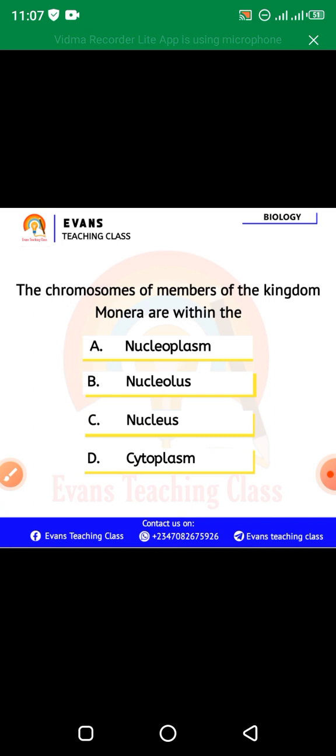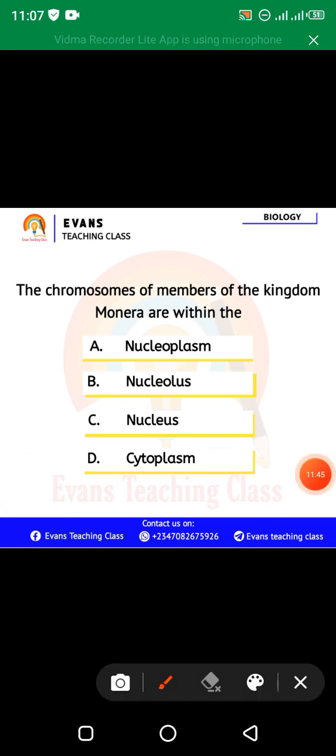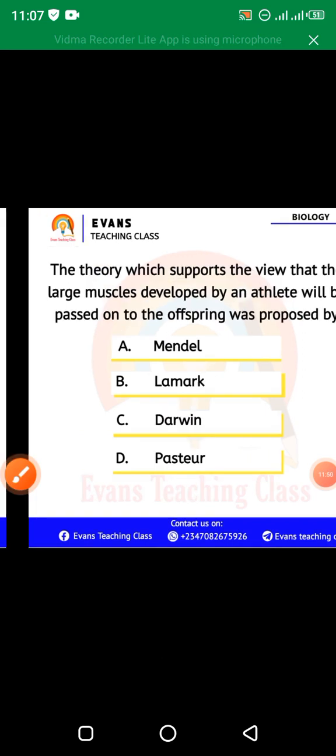A characteristic of Monera is that they don't have a true nucleus, but instead have nucleic material. So the chromosomes of members of the kingdom Monera are within the cytoplasm. That's our right option.